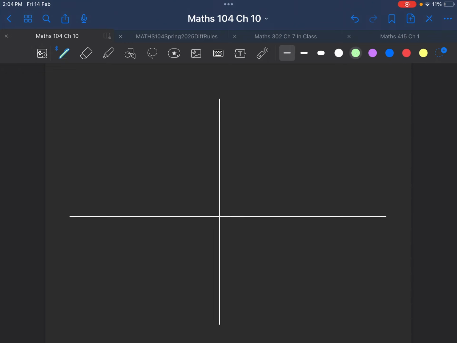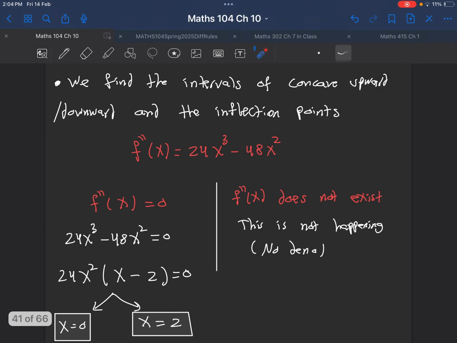Plug in the intercepts. First of all, remember we have the x-intercepts. One of them is at (0, 0), the other one at (4, 0). The y-intercept is again at (0, 0).